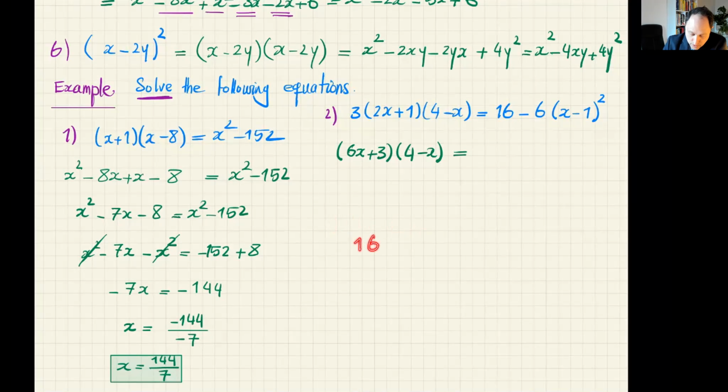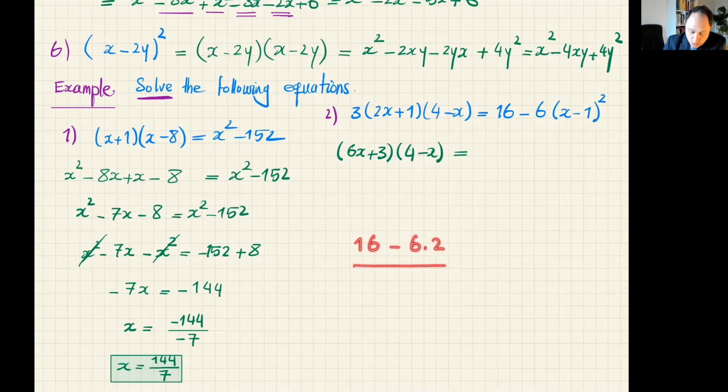If I ask you 16 minus 6 times 2, how do you calculate that? For some reason, if I give you this, more or less 100% of you will give me the correct answer. Somehow you realize that you have to multiply this first, 12, and then 16.